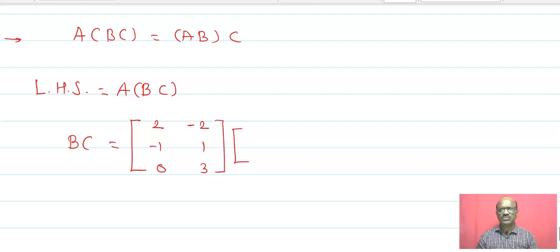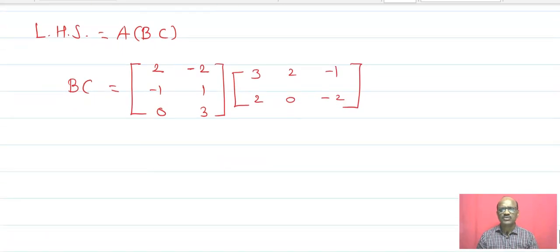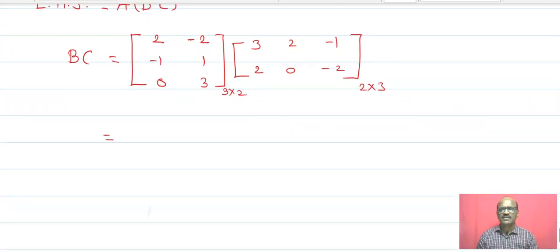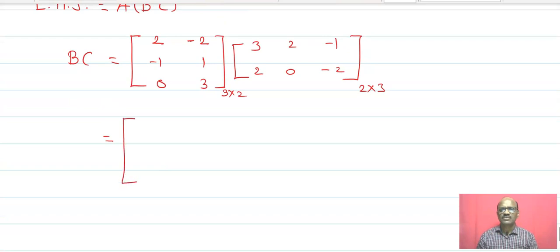The B matrix has order 3 by 2 and the order of C matrix is 2 by 3. Therefore, the resultant matrix, that is the product BC, has the order 3 by 3.